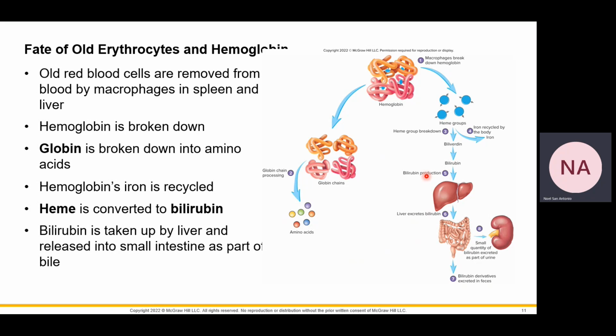Kaya naninilaw ang mga may liver problem. It's because of the accumulation of bilirubin in the circulation. It cannot enter the liver for processing. So, yun ang nangyayari sa ating erythrocytes and hemoglobin after 120 days.